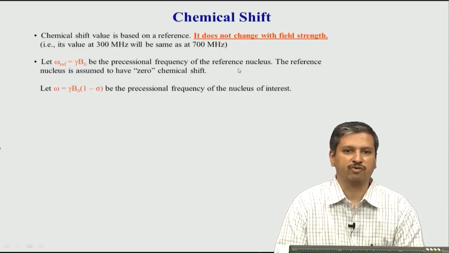Now we will assume this reference as 0 chemical shift, which means that the sigma parameter from the previous slide is no longer there. So we consider this hypothetically as 0 chemical shift.